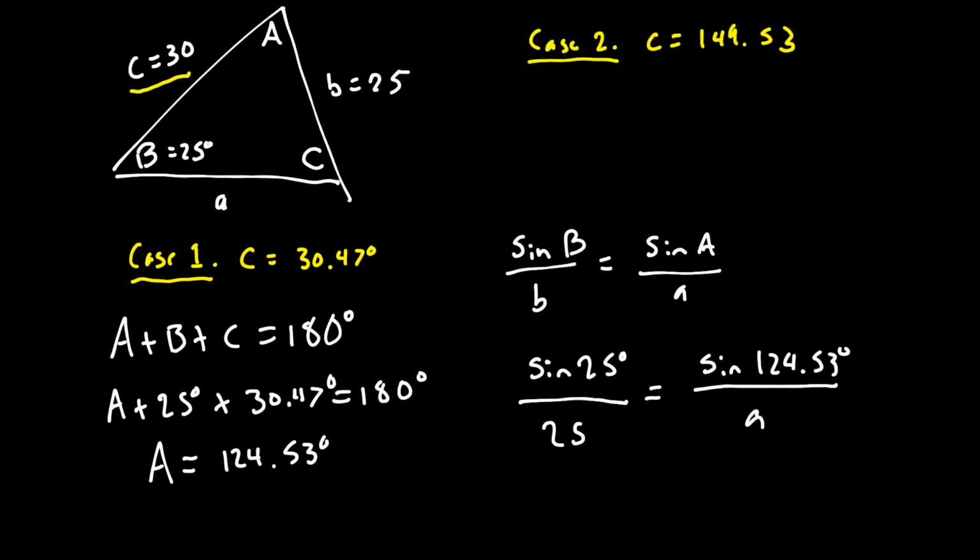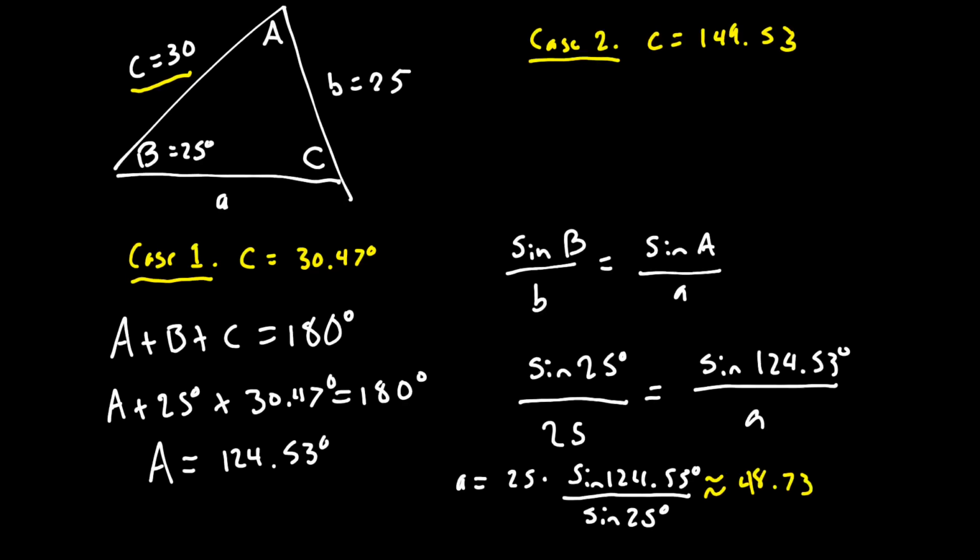This means that a is equal to 25 times sine of 124.53 degrees divided by sine of 25 degrees. After plugging this into a calculator, we get that this is approximately 48.73.